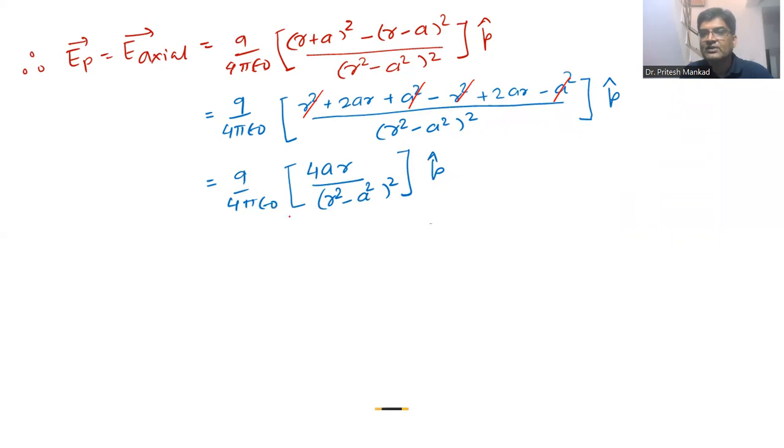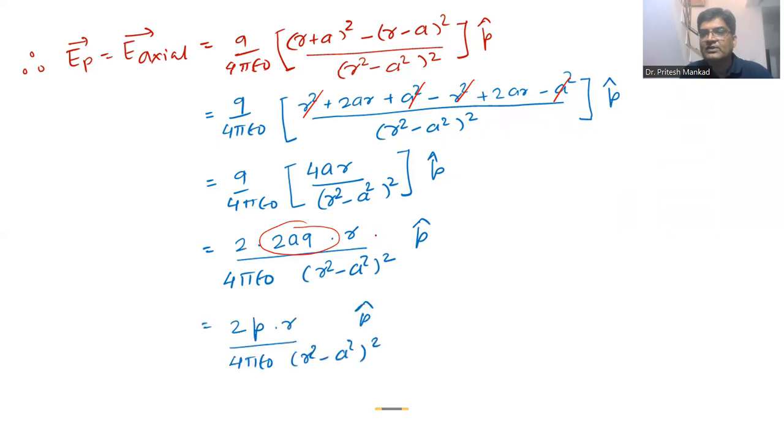Now in the numerator we have Q into 4ar. We can rewrite it as 2 times 2a into Q. 2a into Q is nothing but the dipole moment p.